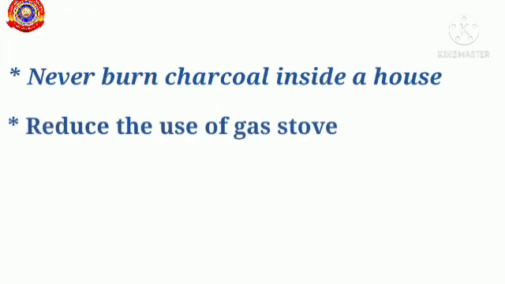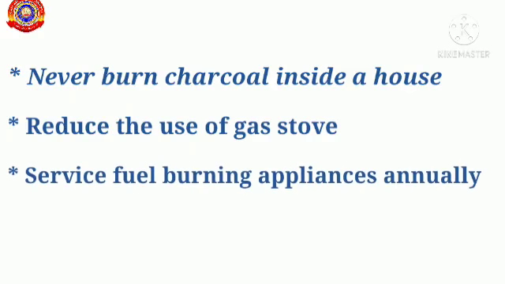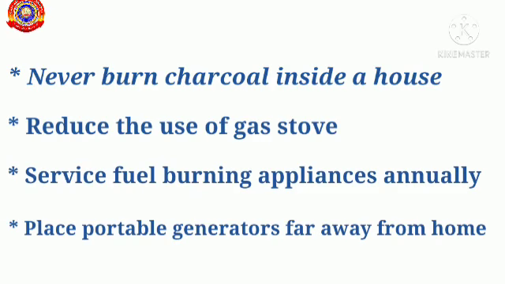Reduce the use of gas stoves that emit carbon monoxide. Service fuel burning appliances annually. Place portable generators outdoors on a dry surface far away from home. So these are the certain measures that can be taken to avoid the situations producing carbon monoxide.